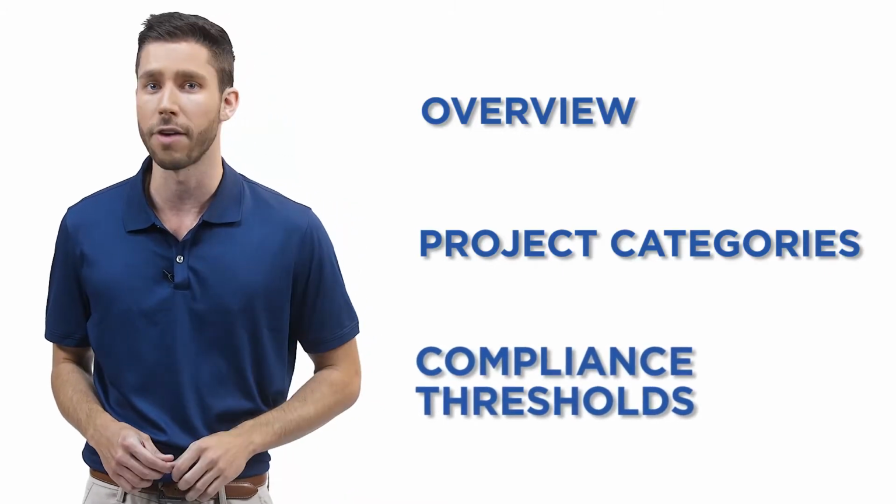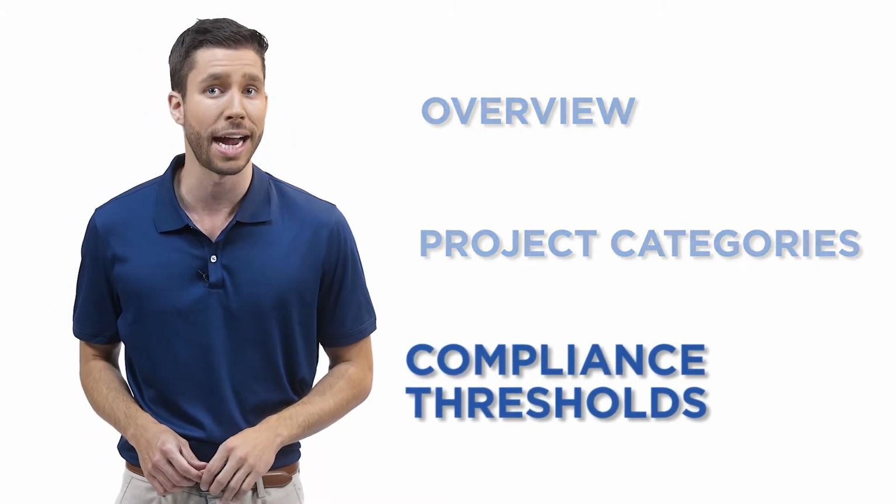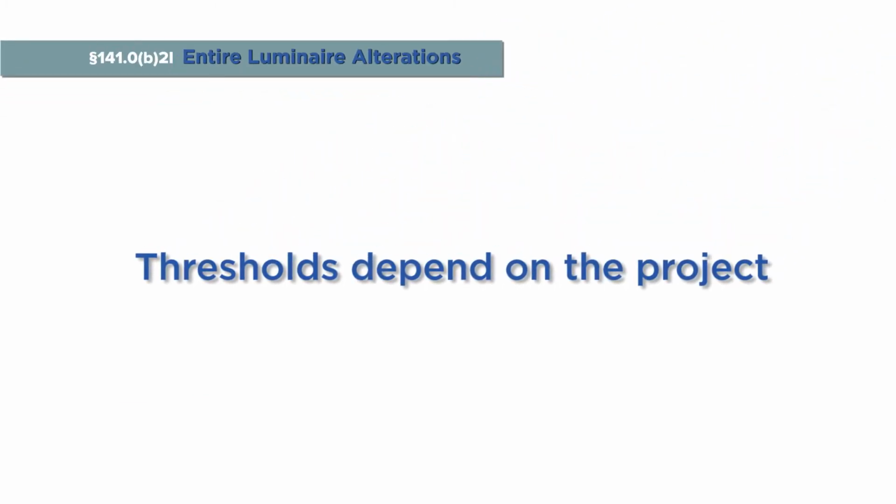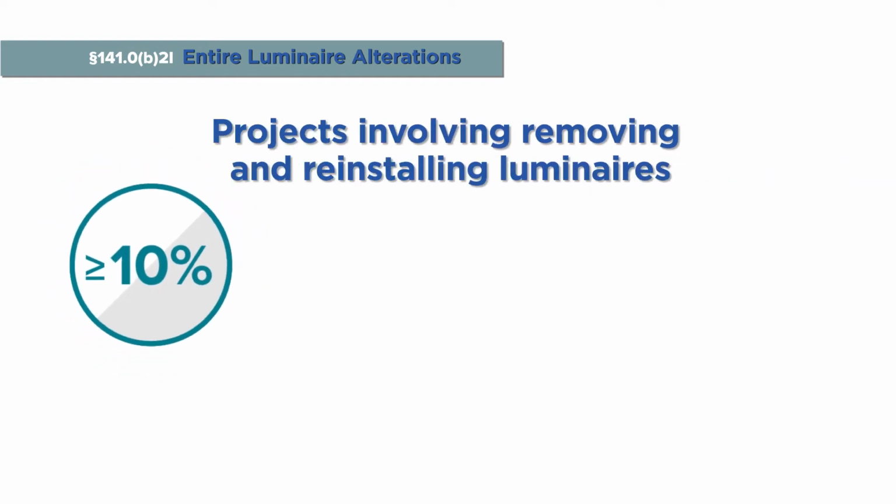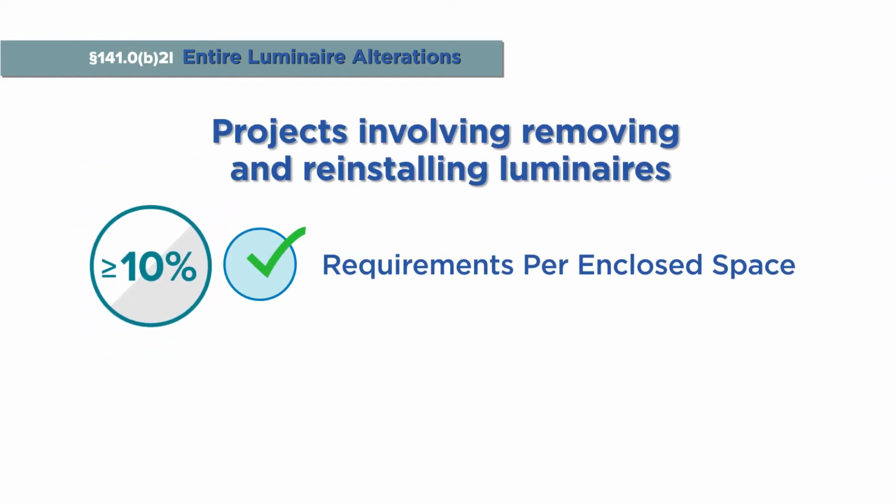Our last topic covers the compliance threshold for lighting alterations. For entire luminaire alterations, the compliance threshold depends on the project scope. Projects which involve removing and reinstalling 10% or more of the existing luminaires in the enclosed space must comply with entire luminaire alteration requirements.